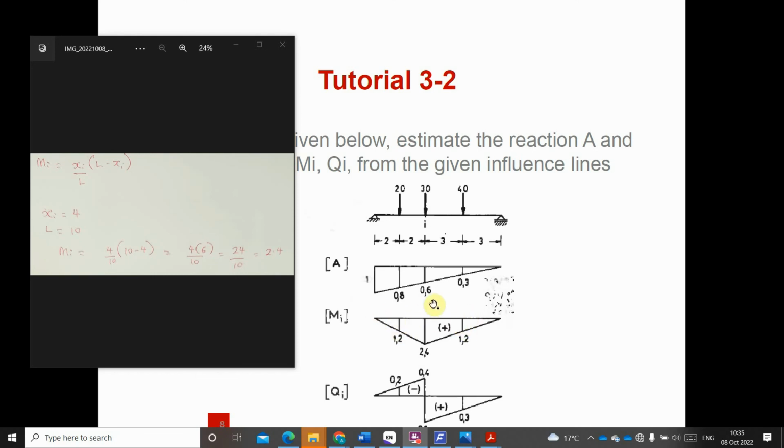Now, at midspan, if from here to here is 2.4 at 4 meter length, definitely at 2 meter length it is going to be half of this. That's why we have 1.2. And likewise, if we consider this other span, from here to here is 6, and at 6 meter length we have 2.4. Then at 3 meter length we have half of this, which is 1.2. So this is where we arrive at this particular value.